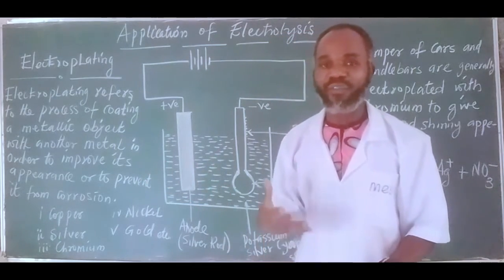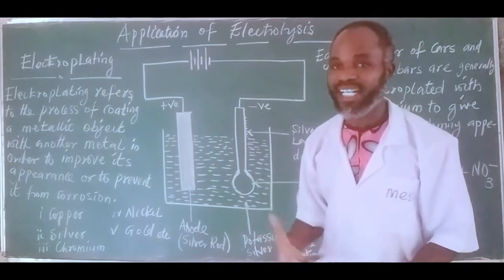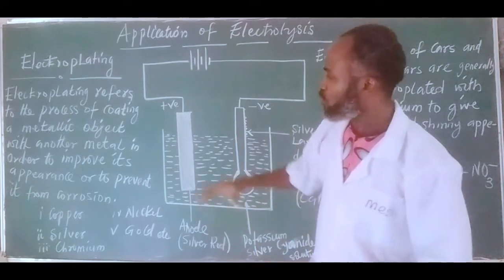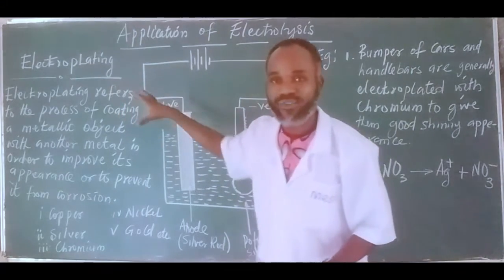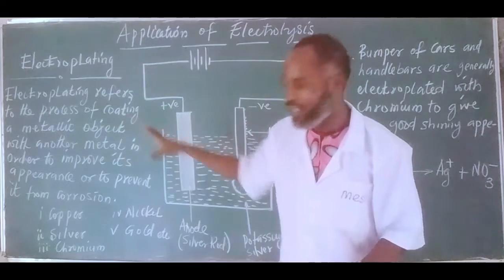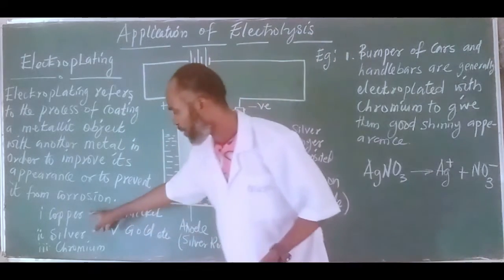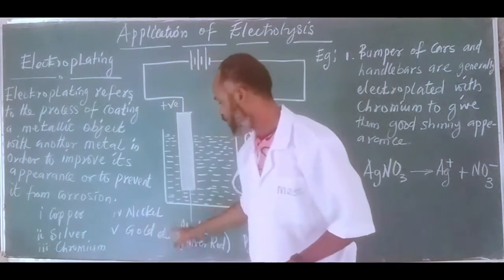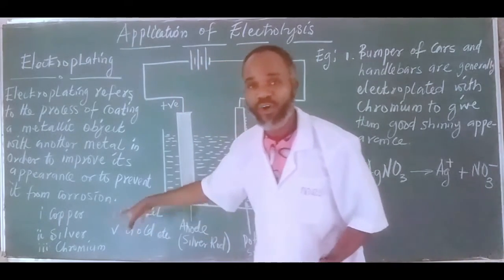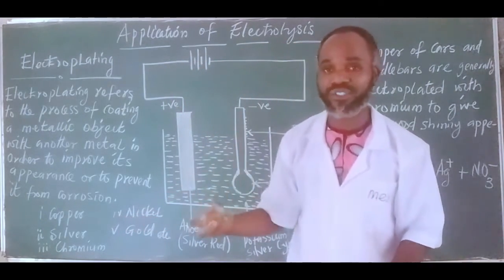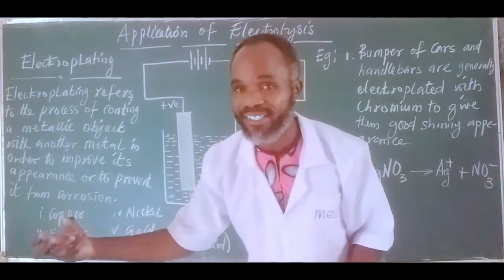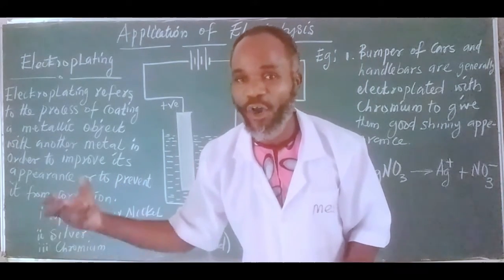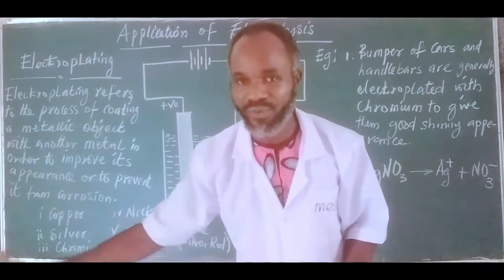Now, there are metals that can be used to cause this electroplating process to happen. And these metals are copper, silver, chromium, nickel, or gold. Any of these can be used to electroplate other metallic objects or metallic materials.